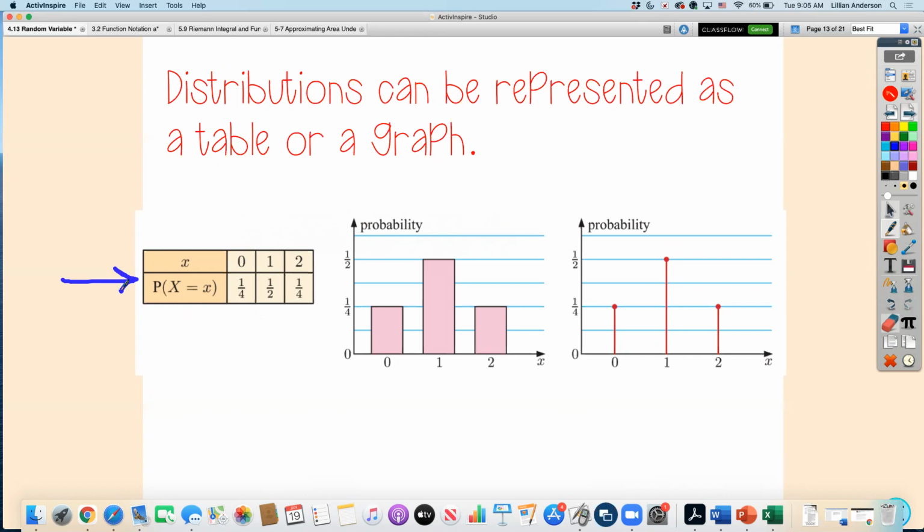The table is the most common, essentially puts all of your different outcomes. So 0, 1, and 2, and then their respective probabilities of 1/4, 2/4, and 1/4, okay? But again, all of your probabilities add up to equal 1. All the probabilities are in between 0 and 1. So that makes this a probability distribution.